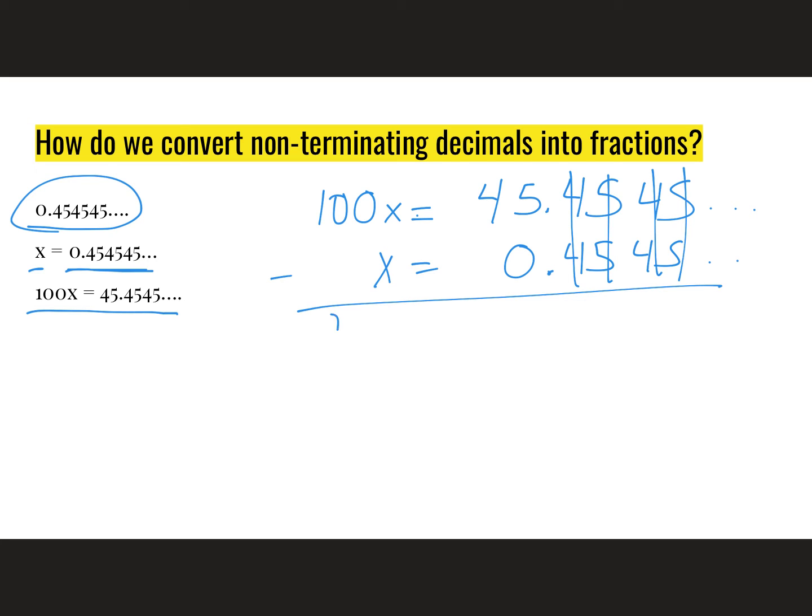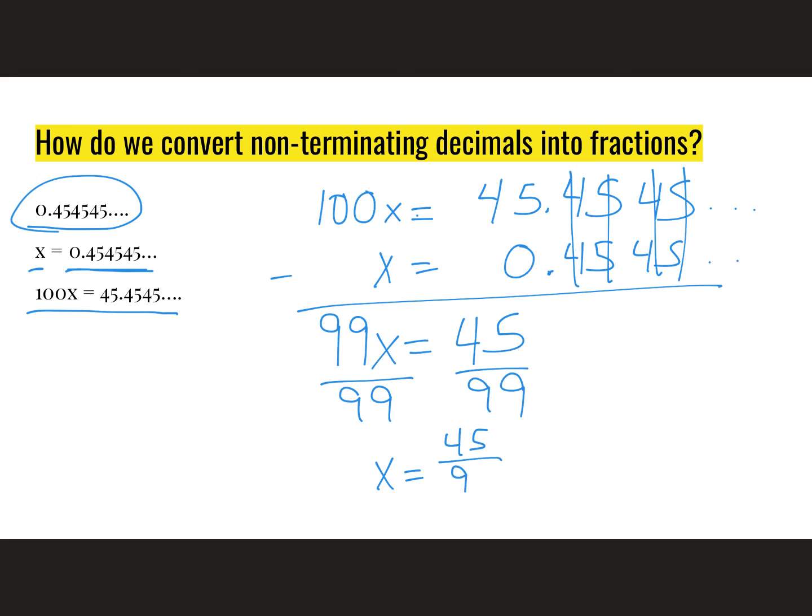When I subtract, I get 99x equals 45. Again, I divide both sides by the coefficient of x, and I end up with x is 45 over 99. Now, 9 goes into both of those. 45 divided by 9 is 5. 99 divided by 9 is 11. So my answer is 5 over 11.